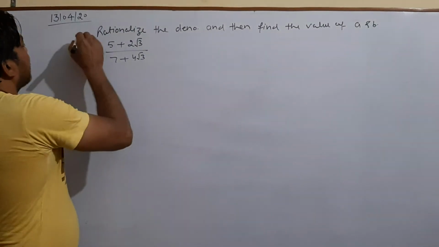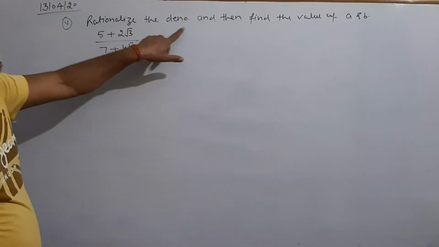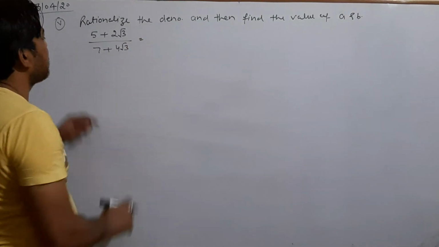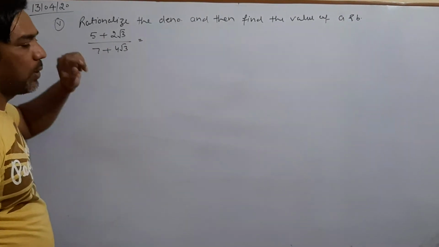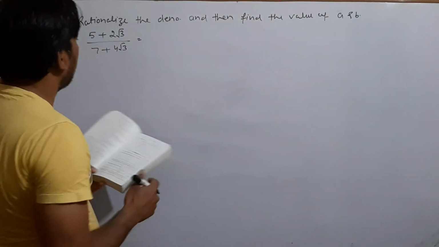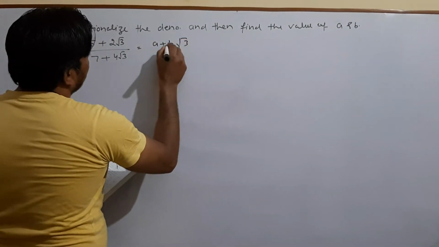So now this is the fifth type of question, which is very important. In this, rationalize the denominator and then find the value of a and b. So the question is 5 plus 2 under root 3 upon 7 plus 4 under root 3, which is equal to a plus b under root 3.